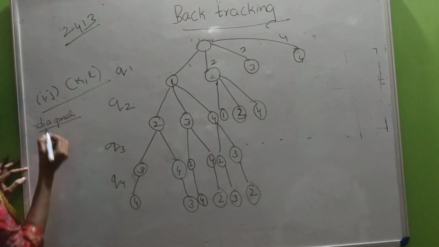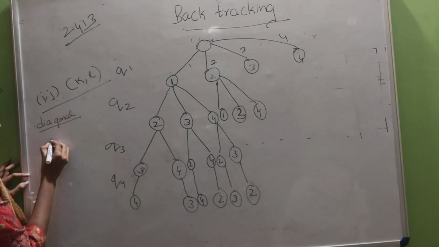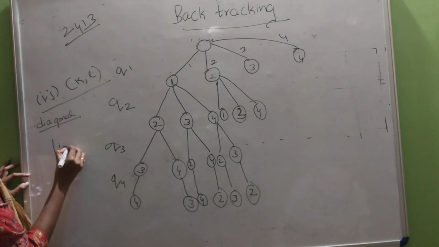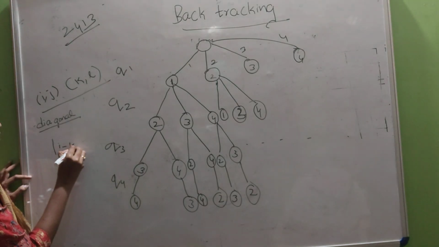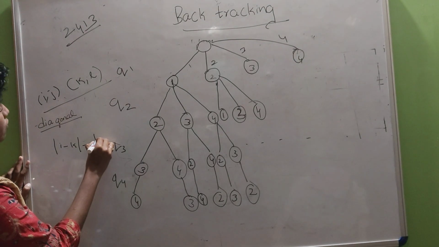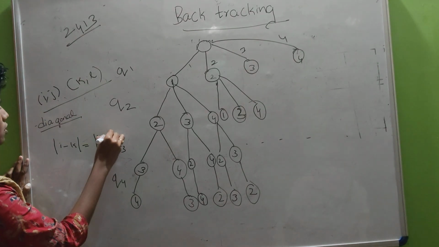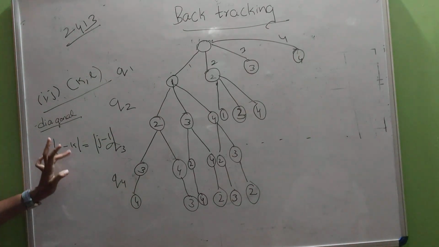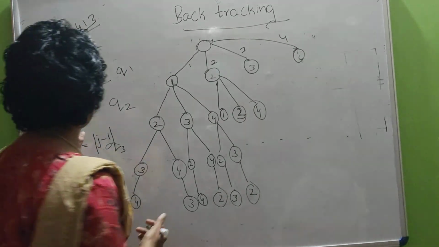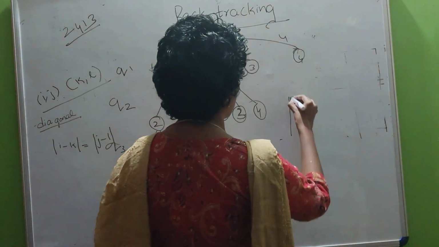Then you apply the formula: the modulus of the row difference is equal to the column difference. Then the two queens are placed on the same diagonal. We'll write an example for this.